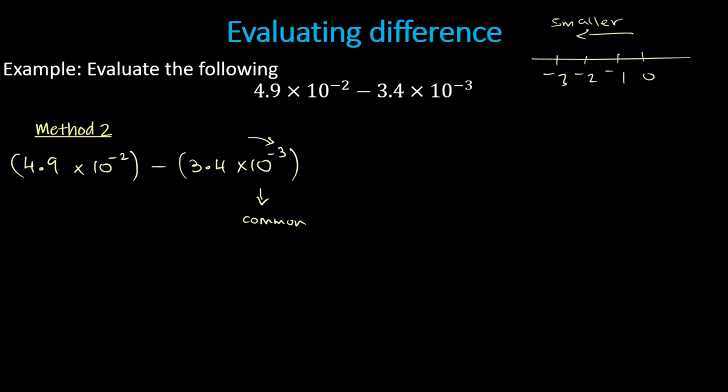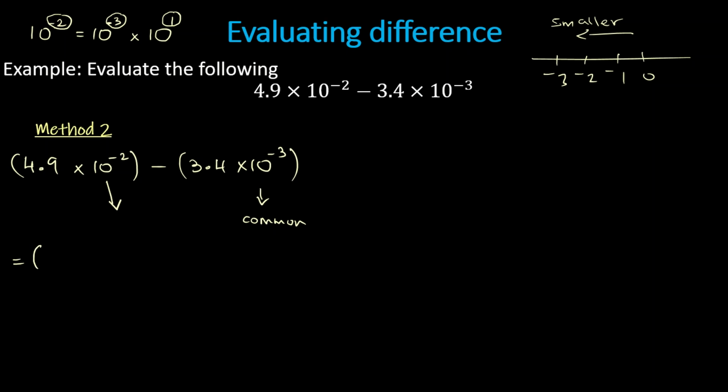Right? So we keep the common factor as it is, 10 power negative 3. The trick is to convert this 10 power negative 2 in terms of 10 power negative 3. How can we write it in terms of 10 power negative 3? It is simply 10 power negative 3 times 10 power positive 1, because when you add negative 3 with 1, you are going to obtain negative 2.